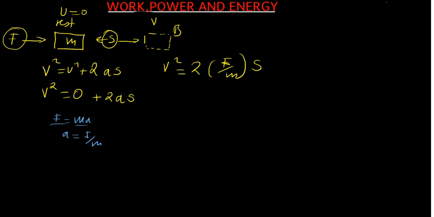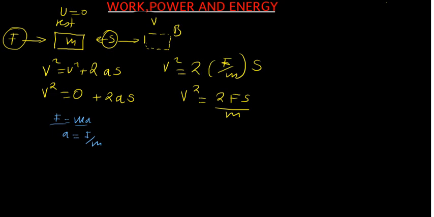Alright, let's simplify this. This is going to give us v squared is equal to 2 times F times s divided by the mass. I've just multiplied the 2, the force and the s which are on top.